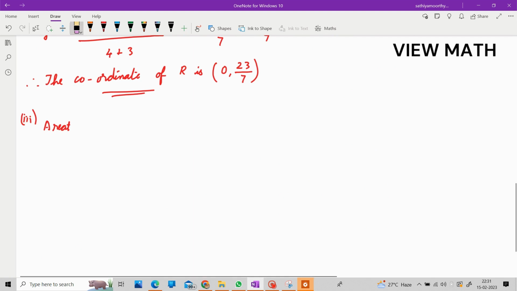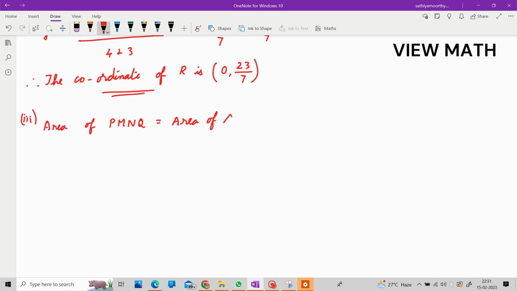Area of P, M, N, Q is equal to area of the two shapes I have divided into, one is a triangle and the other is a rectangle.